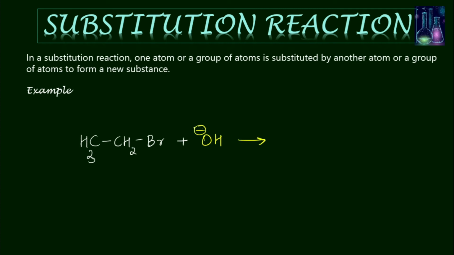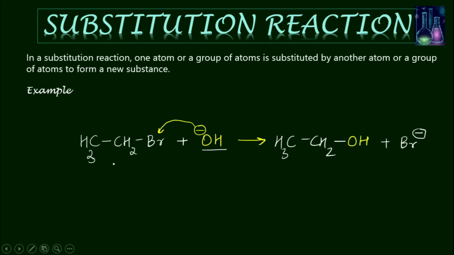Here the OH ion replaces the Br atom, and therefore the product obtained is CH3CH2OH, where you now get an OH group instead of Br, and the byproduct here is the bromide ion. So here the OH is replacing the Br atom from the molecule. Therefore, this is a substitution reaction.